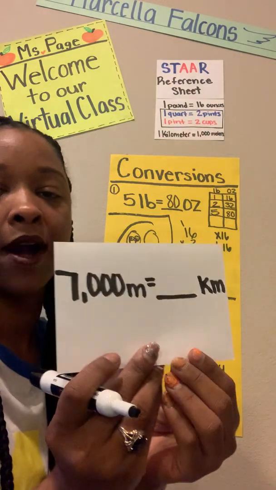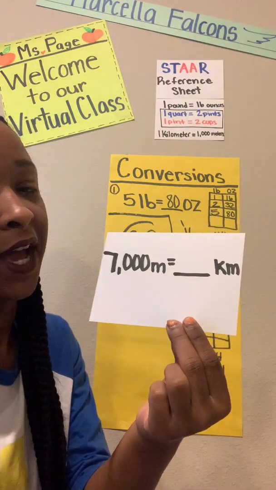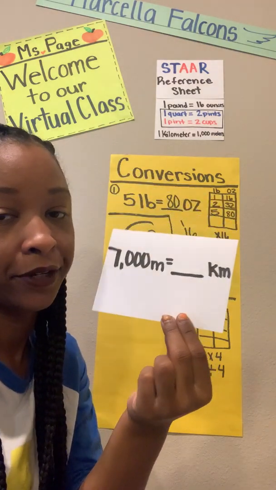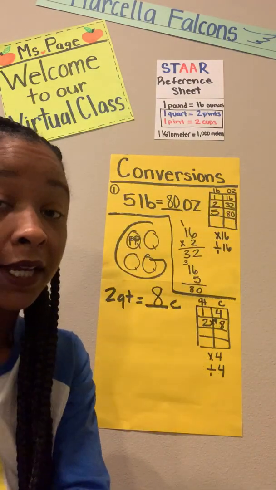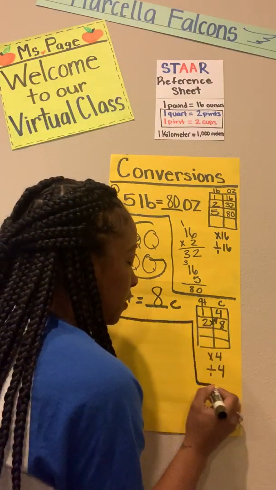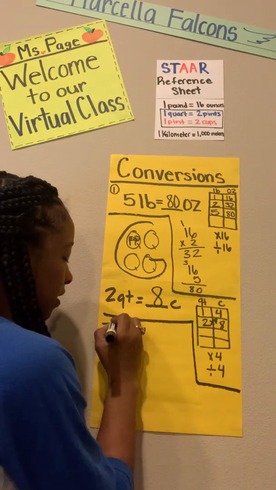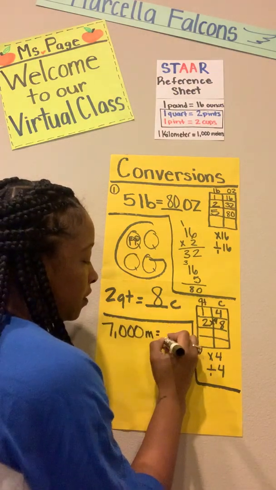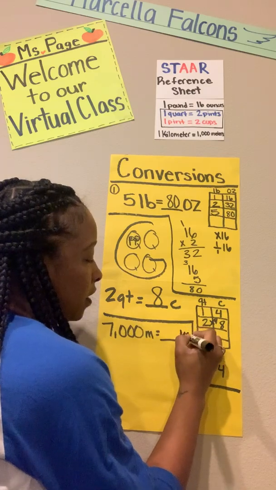The last problem is 7,000 meters equals how many kilometers?